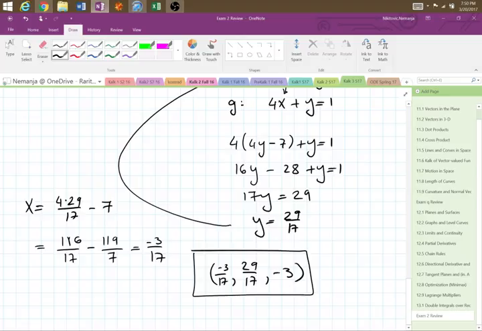And that's the point on the surface closest to the point that was given.